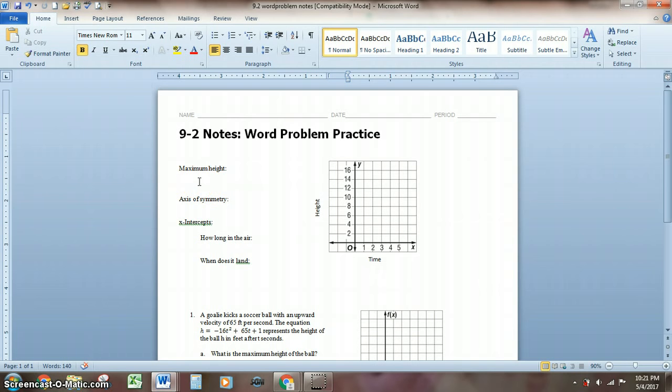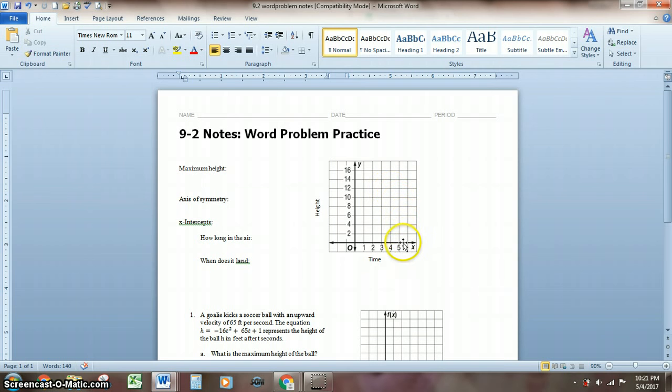Ultimately, what we want to see is what's the maximum height. That'll be one of the first things. And maximum height could and should sound to you like maximum value, and that's because it is. If you think about what we talked about in section 9.1, we had to find a maximum height. And I guess I should be clear, all of our parabolas in this example will be downward opening, so they're all going to start somewhere near the origin and come up and then come back down.